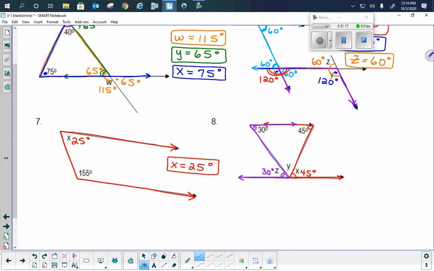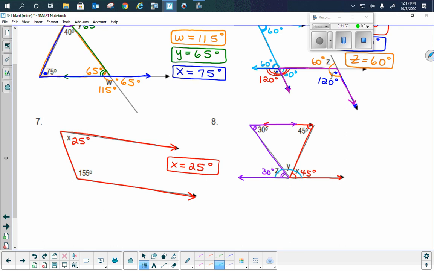And then you have two options for y. Either you should be recognizing that the three angles inside this triangle add to 180, which you could use. Or if you're trying to stick with straight angle stuff, you should realize that this entire thing is a straight angle, and therefore 30 plus y plus 45 equals 180.